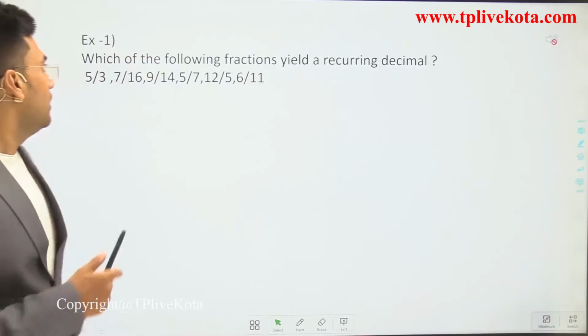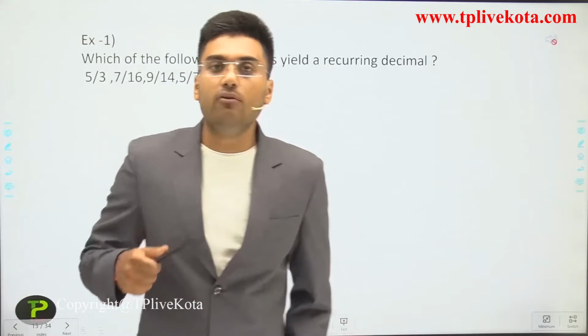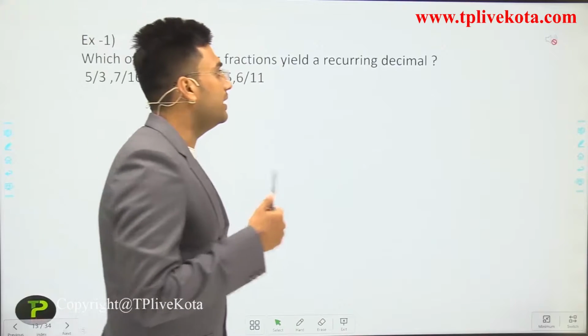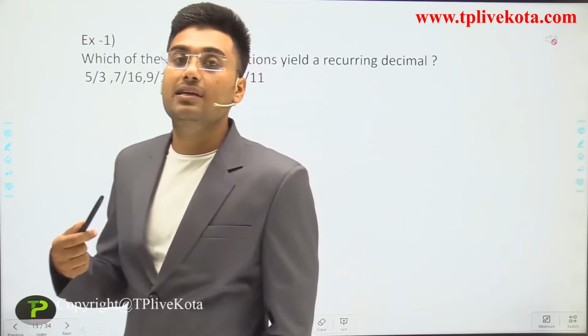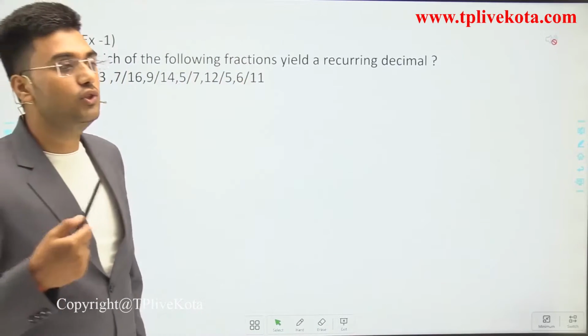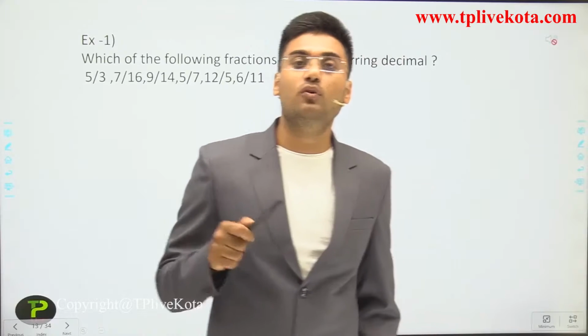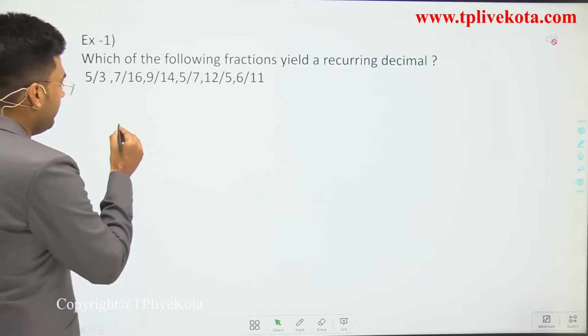Which of the following fractions yields a recurring decimal? You have to find which of the following fractions have recurring decimals. Recurring decimals means the denominator should not be in the form of 2 power m and 5 power n. Again we revise our theory.